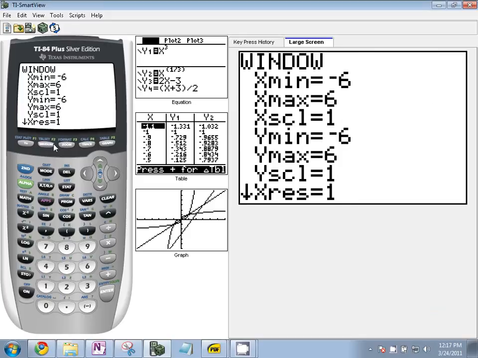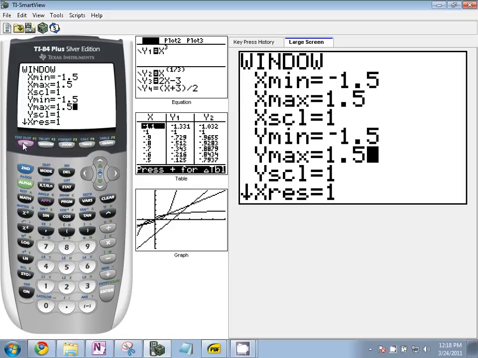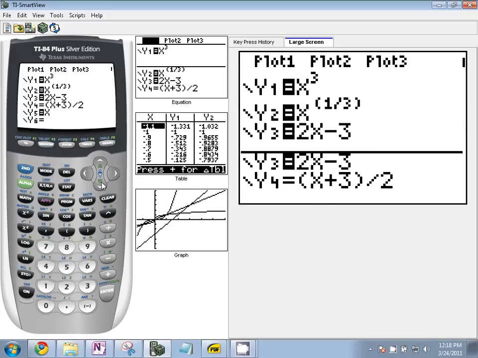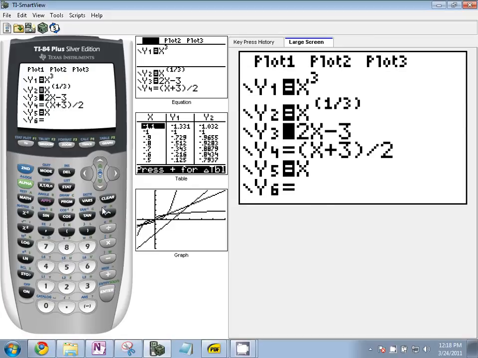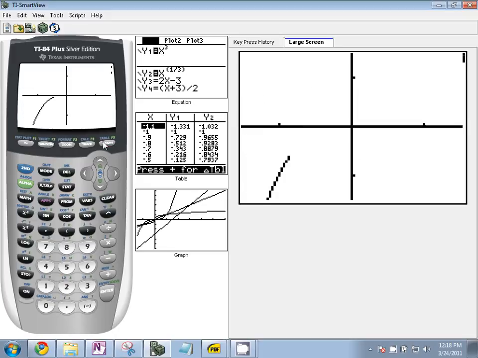Let's make it negative 1.5 to 1.5, negative 1.5 to 1.5, and let's turn off those two. I missed it. So there's y equals x cubed, and here's the cube root.